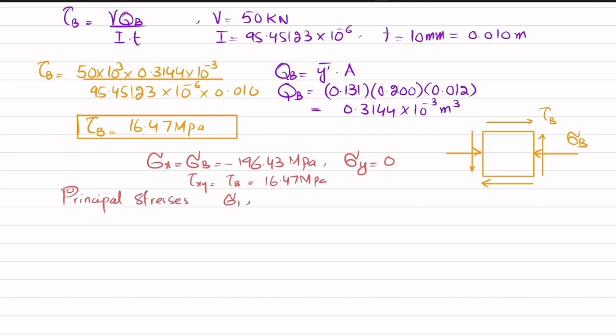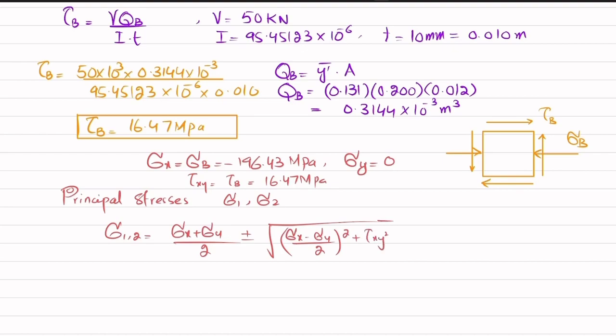Now we have to calculate principal stresses, and these principal stresses are the maximum stresses, sigma 1 and sigma 2. And we know that sigma 1 comma 2 is equal to sigma x plus sigma y divided by 2, plus minus under the root sigma x minus sigma y divided by 2 whole square plus tau of xy whole square.